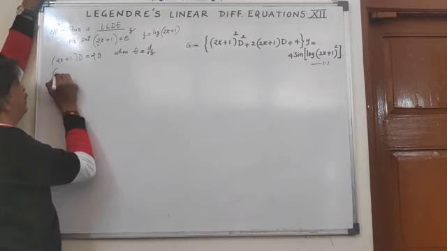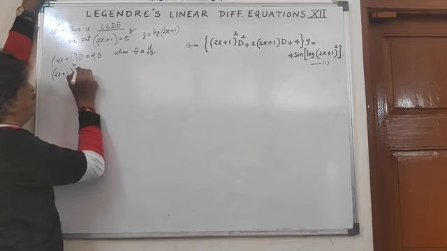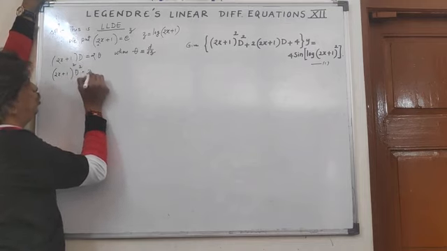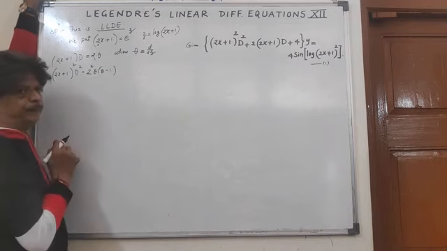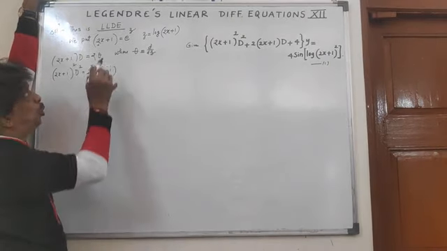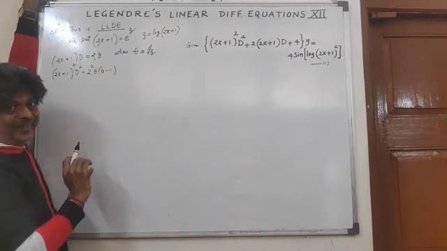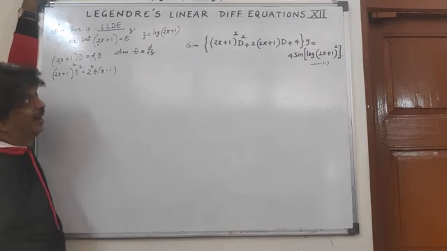Moreover, twice x plus 1 whole square into capital D square is equal to 2 square into theta minus 1. This is just due to this substitution only. This follows. Obviously, we have seen this in earlier theory.